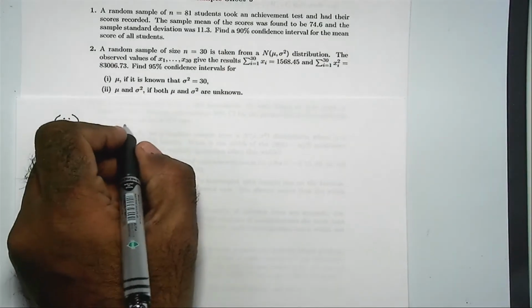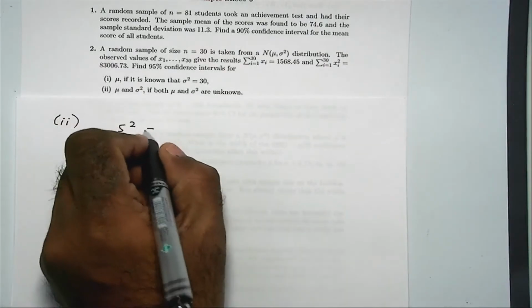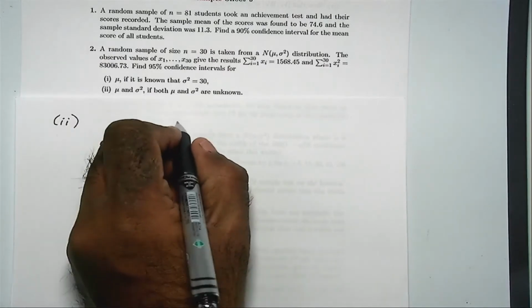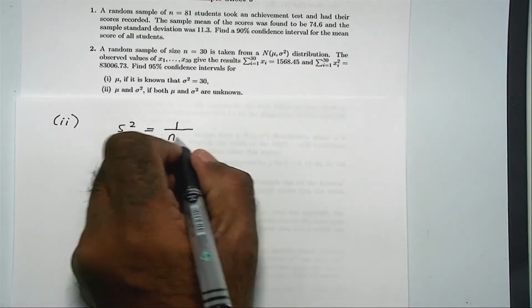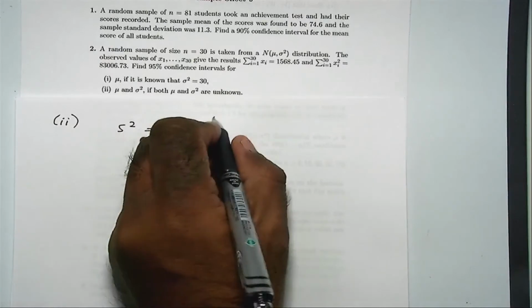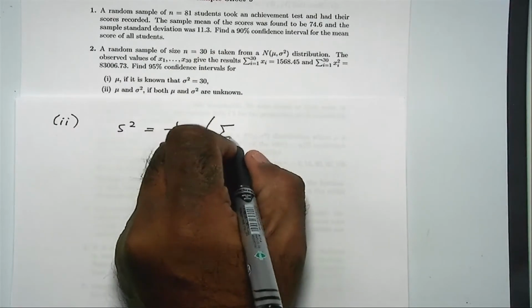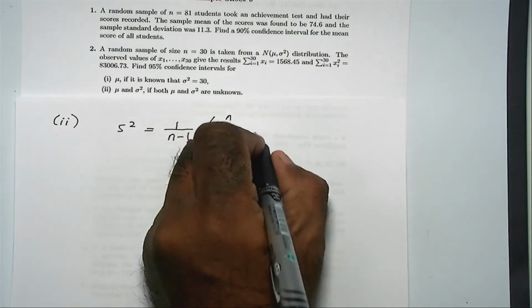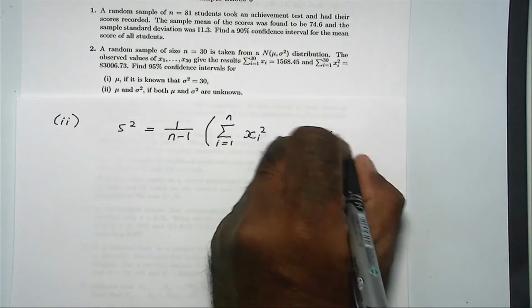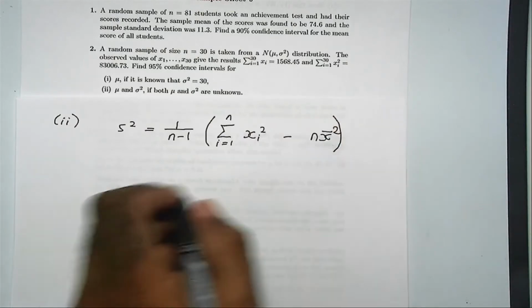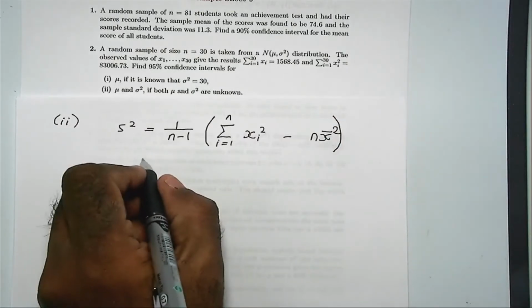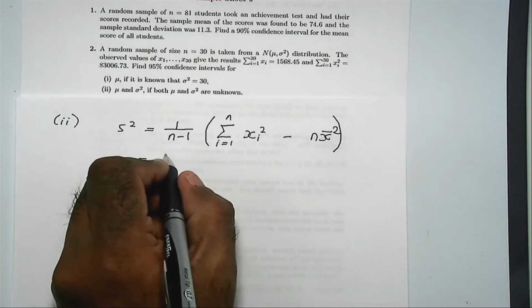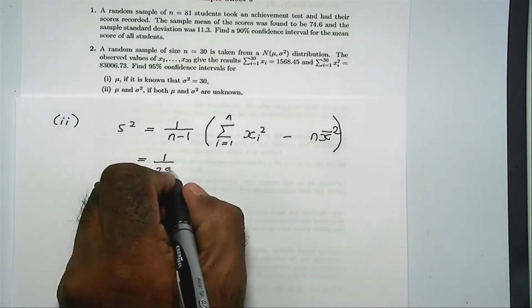Now, one of the formulas I gave you in the video and the notes for s squared is the following. You probably remember that I even gave a proof of this formula, right? Now, for n equal to 30, this becomes 1 over 29.